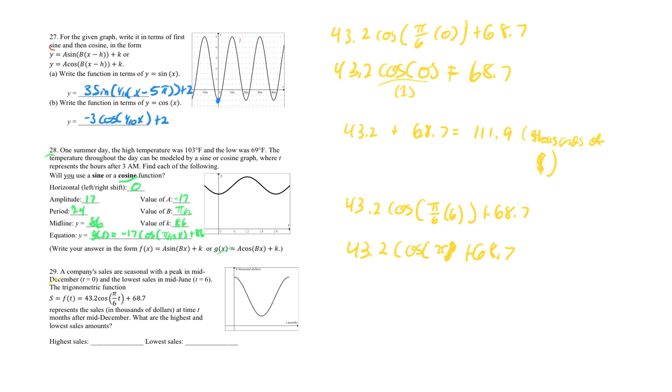And again, we could put this into our calculator, but we should also be able to recognize that this is a special value of the cosine function and gives us -1. So it'll be minus 43.2 plus the 68.7, and we should get that that is 25.5, again in thousands of dollars.